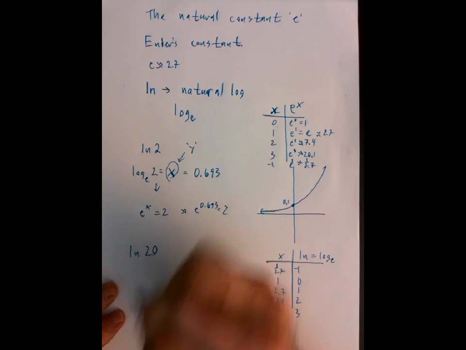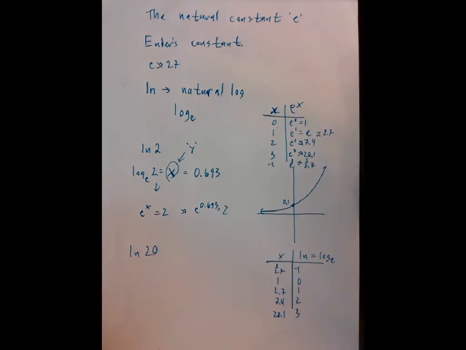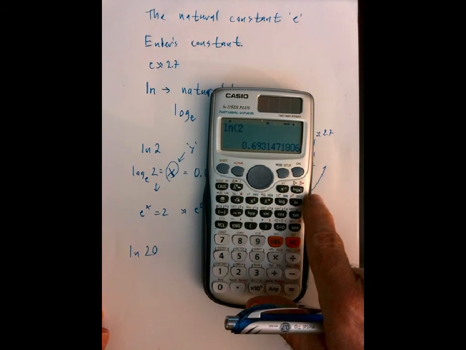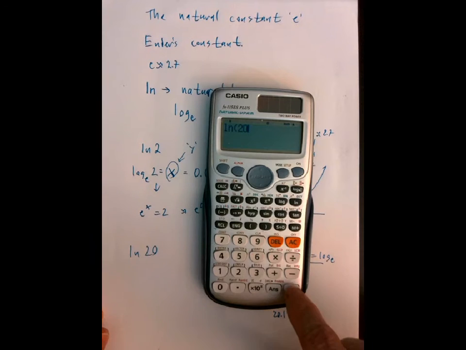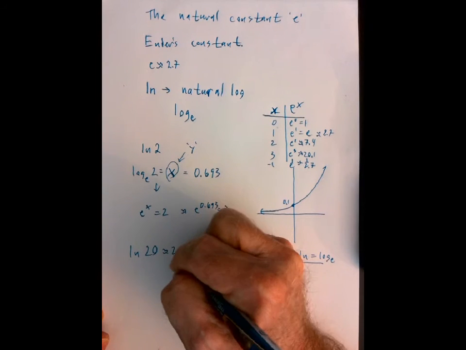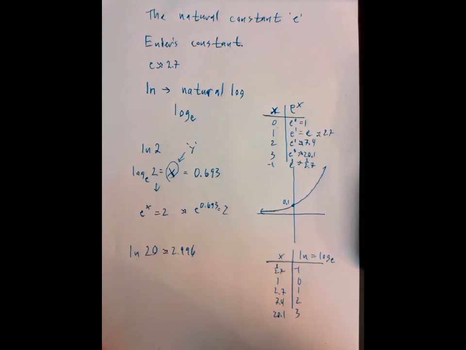ln 20, right? ln 20 is 2.996, and so on, right?